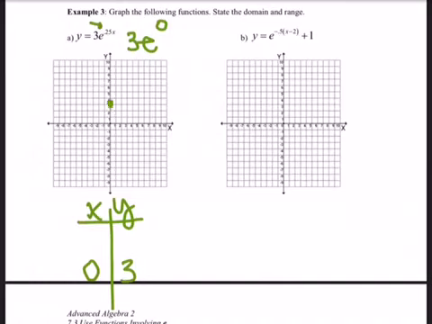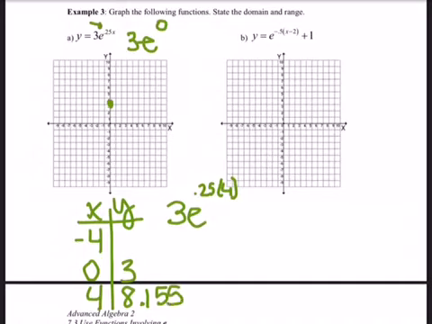Just for space's sake, because these graphs are so tiny for me, rather than plugging in 1 and negative 1, I'm going to plug in 4 and maybe negative 4. I'm going to plug in 3e^(0.25·4), and I chose 4 because it's divisible by 0.25. That's going to give me 3 times e to the first power. So that's 3e, Control Enter, is 8.155.